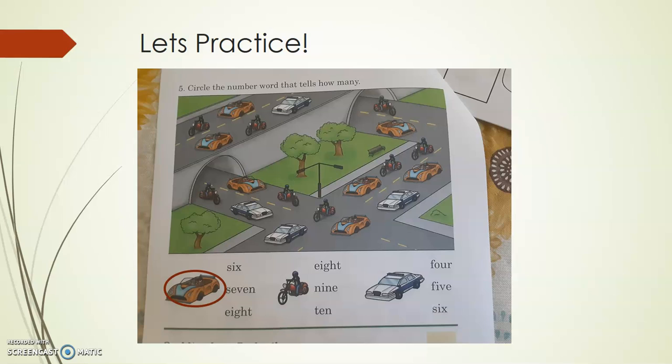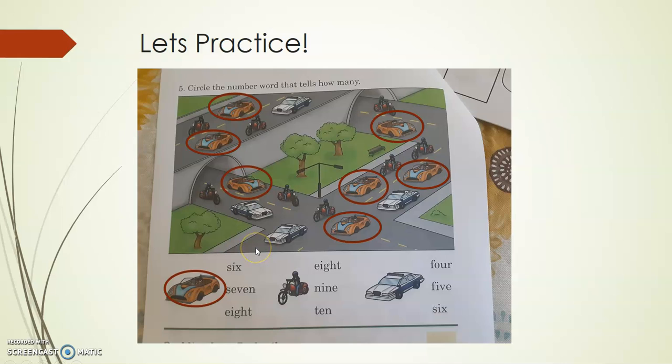All right, so get ready to count with me. I'm going to circle all the orange and blue cars as I count. 1, 2, 3, 4, 5, 6, 7. So which one of these am I going to circle?